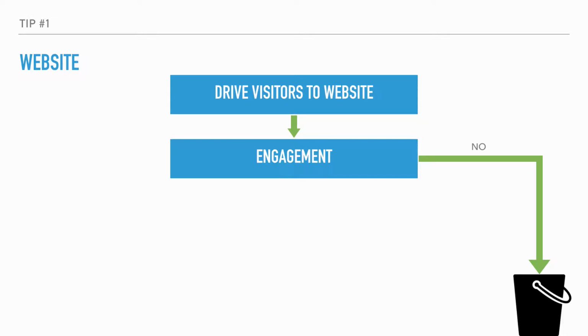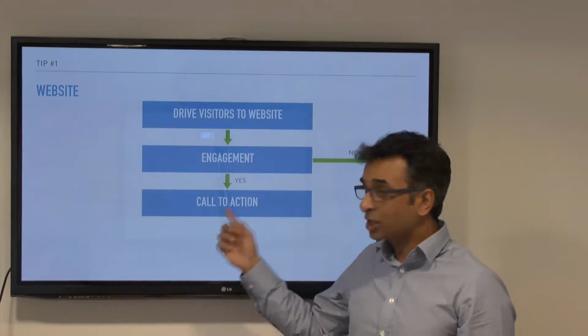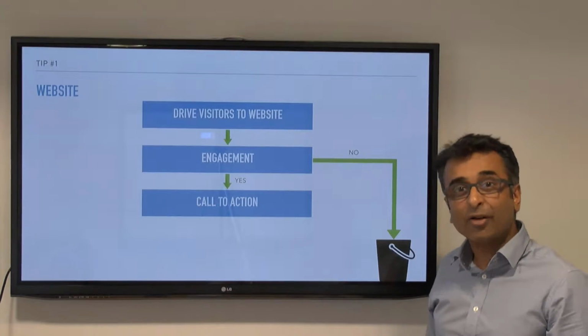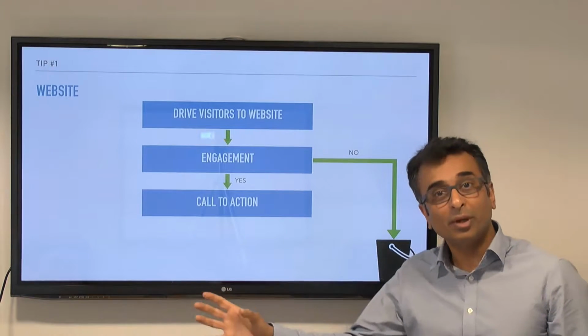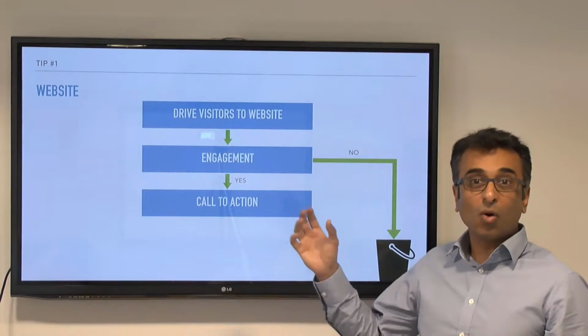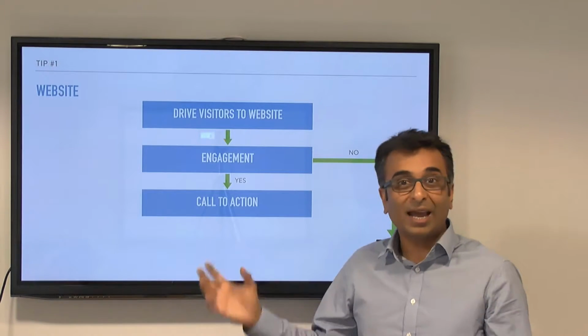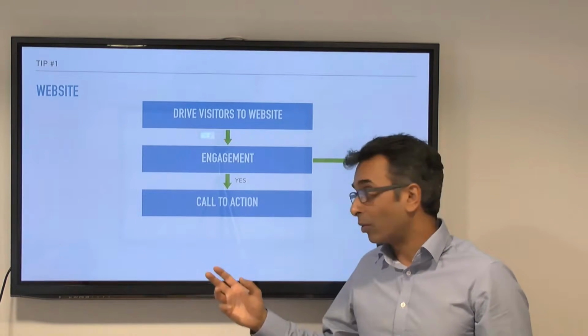If you do engage with them, then what you must do, and your next goal must be, is to have a call to action. And so that could be a simple form to request more information, a book an appointment link, or a big area which shows that they can ring this number to book an appointment now.